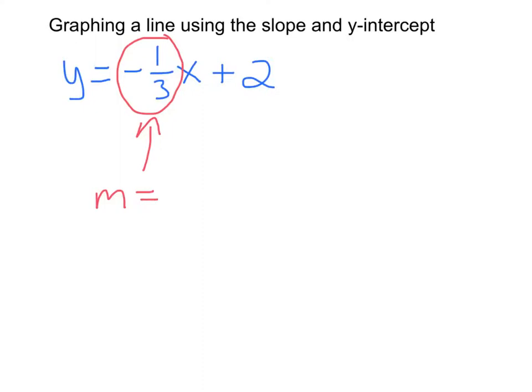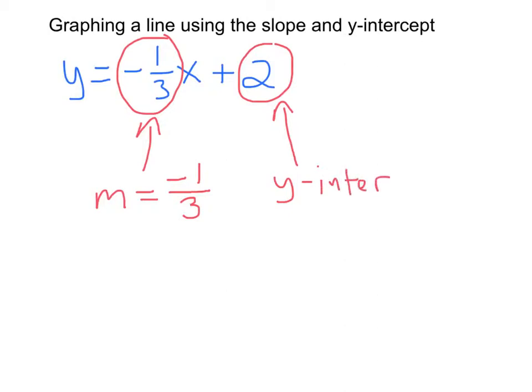Now remember, when the slope is negative, it's best to put the negative sign in the numerator of the fraction. So we'd have negative 1/3. And also, the y-intercept can be found by using this number. And so the y-intercept would be 0, comma 2.